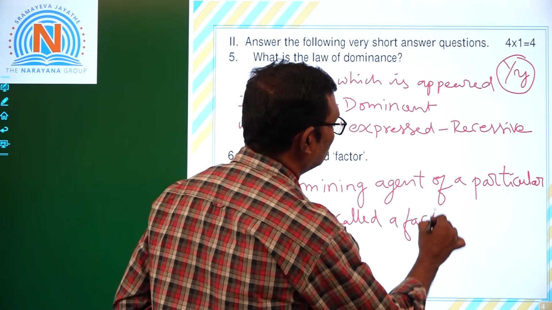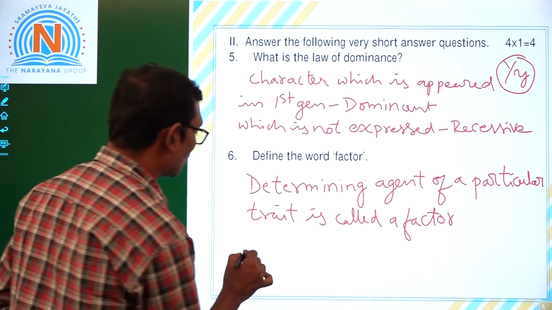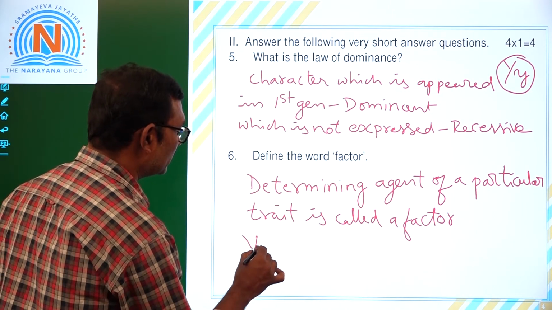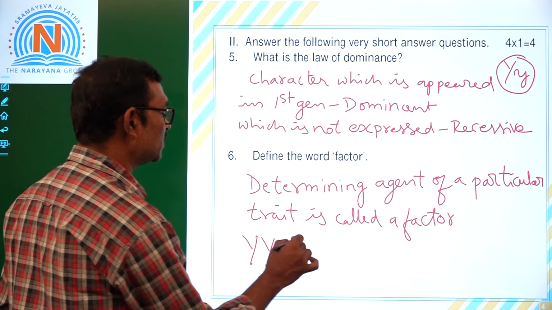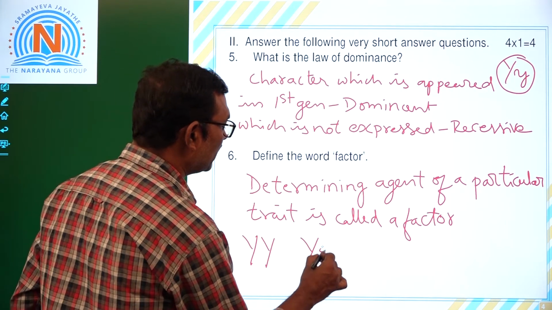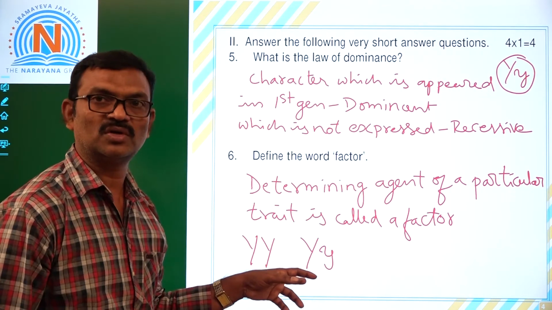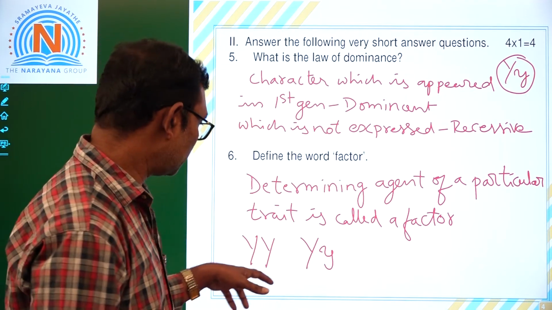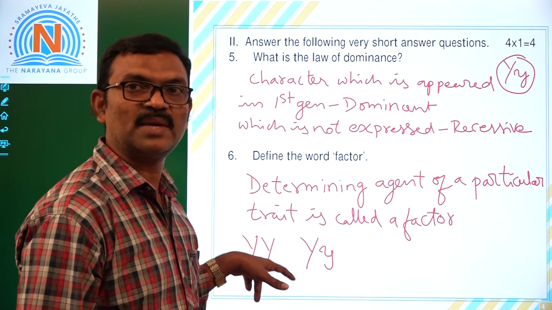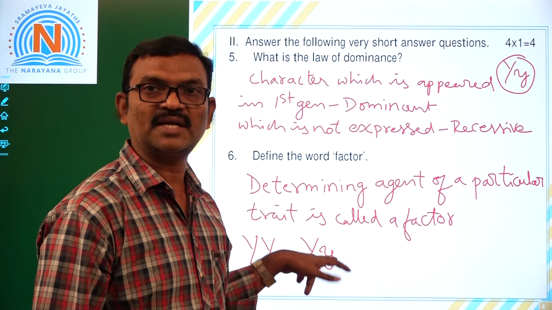That means, suppose yellow means capital Y. This one is pure, we will say. Even capital Y and small y also denotes yellow. That means these are the same type of genes, and these are different types of genes.